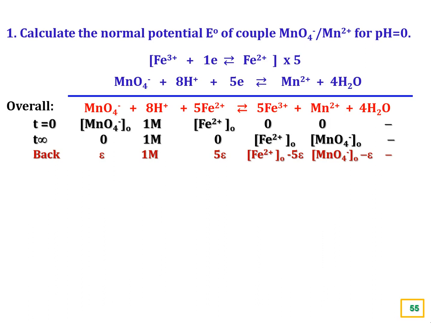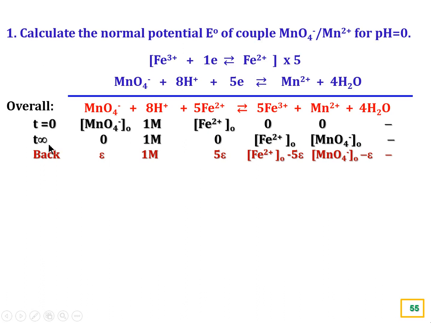Why at the equivalence point? Since in the given data we have measured E equal to 1.36 volt at the equivalence point. So the table of conversion can be applied at any addition of MnO4- to Fe2+, and we choose the equivalence point. At t equals 0, we suppose the concentration of MnO4- is 0, the concentration of H+ is maintained constant at 1 molar, and Fe2+ is Fe2+ initial, 0, 0.